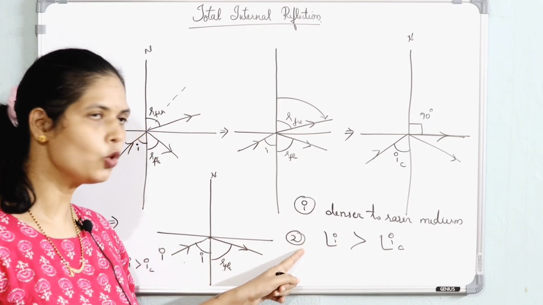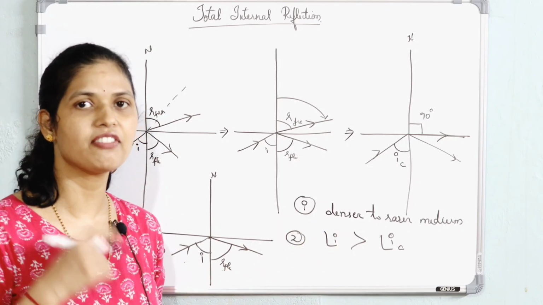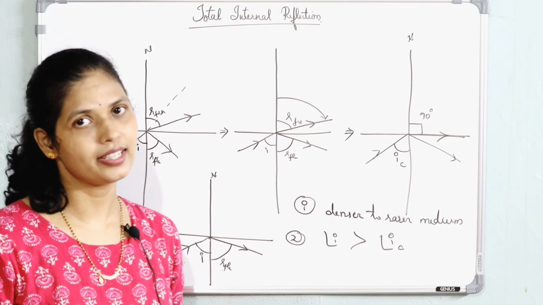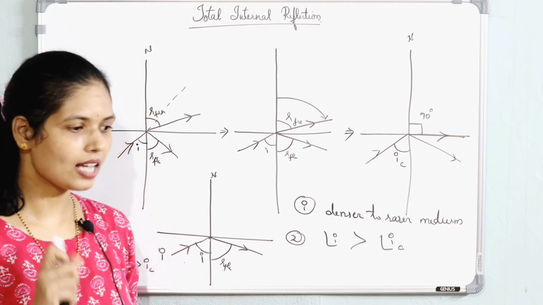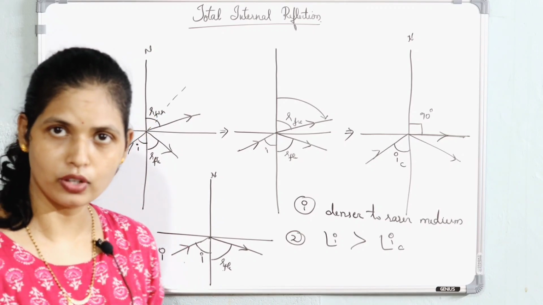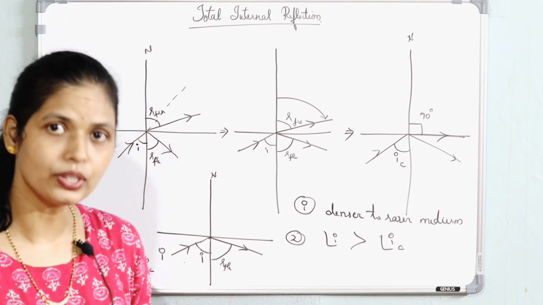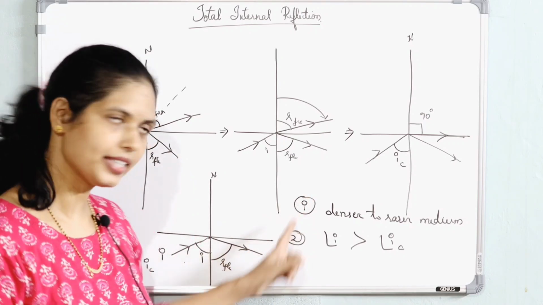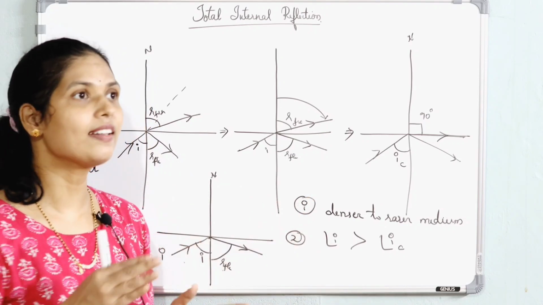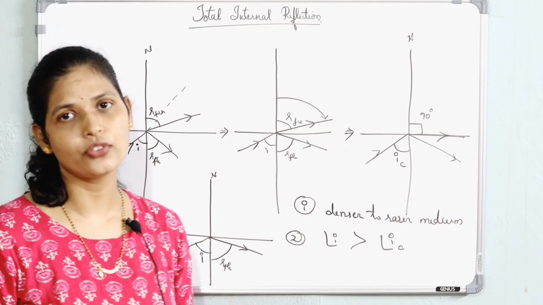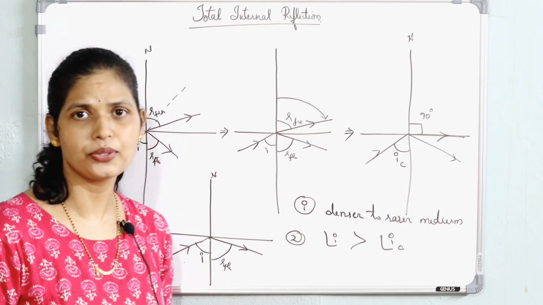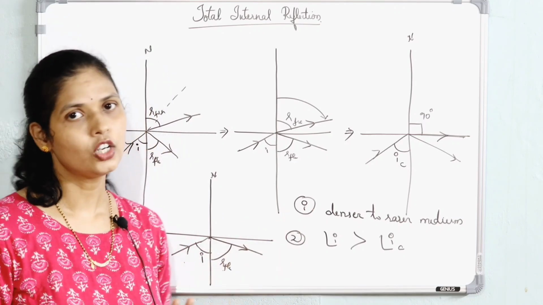So these are the 2 points which you need to write whenever they ask you about total internal reflection. They'll ask either the definition of total internal reflection. When they ask you the definition, you have to write these 2 points. Or they will ask you the conditions of total internal reflection. Then also you need to write these 2 points.